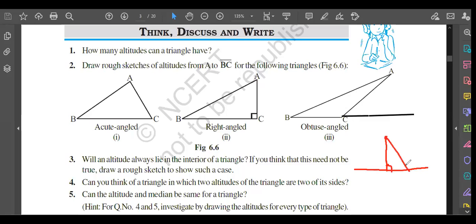Can this also be a perpendicular? It's not possible at all, right? From a point to a line, there is only one perpendicular. Got it? Ragini, got it? So obviously, if you have a triangle, there'll be only one perpendicular from a point to a line, right? This will not be a perpendicular.